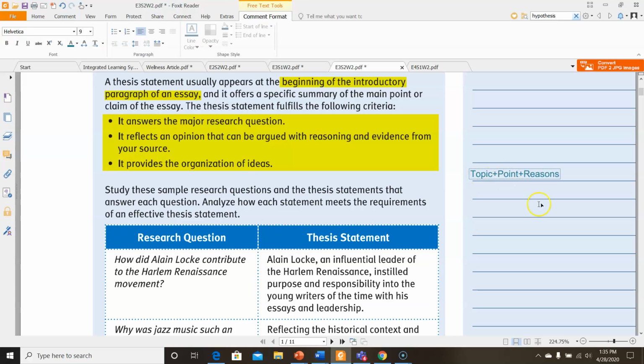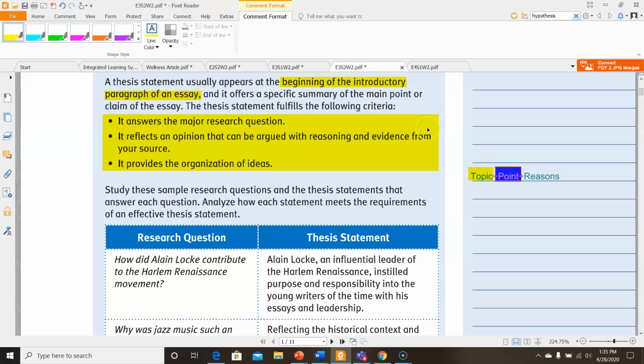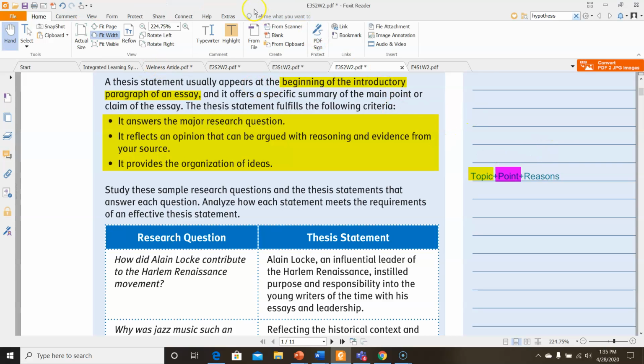And I'm going to highlight each of these things in different colors so that we can color code the paragraphs as well. So let's look at topic. I'm going to highlight topic in yellow. I'm going to highlight point. Oh, you know what?